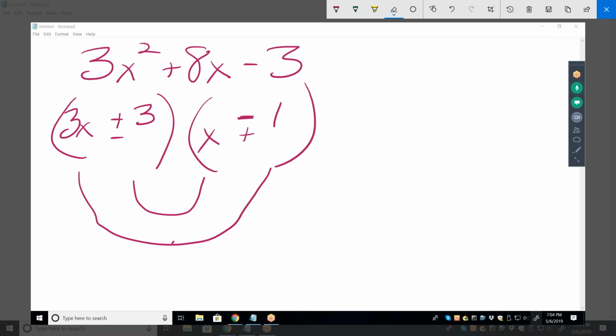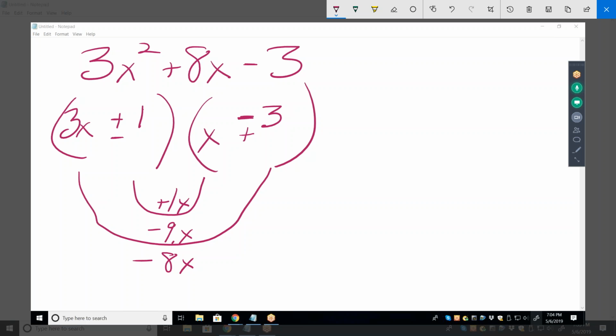1 and 3. Yep. 1 on the left and 3 on the right. Now, what's the inside? 1x and then negative 9x. Add them together. Negative 8x. Get the right number, but the wrong plus or minus sign.